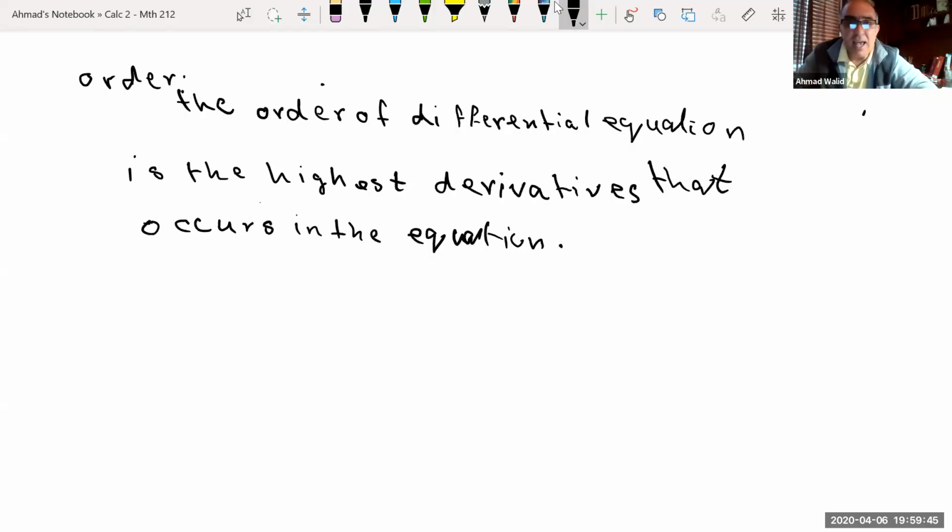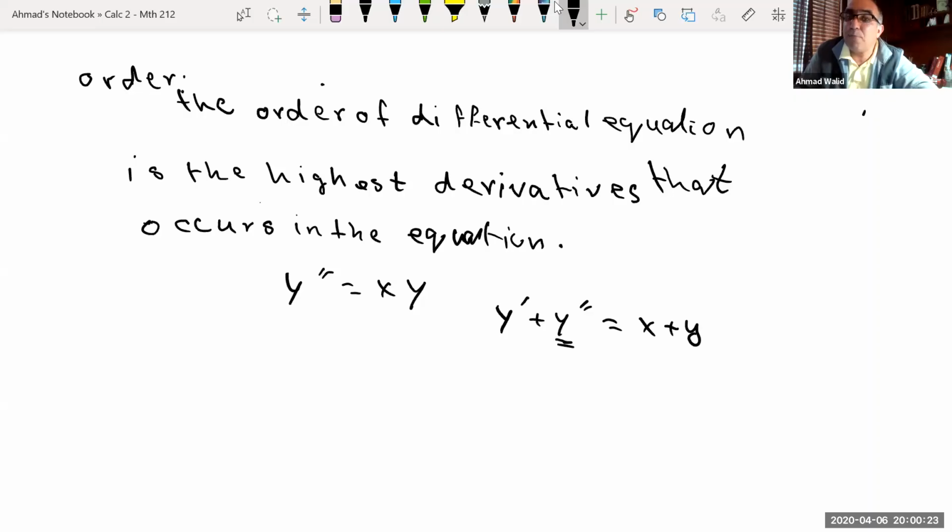For example, if I write for you y double prime equals x times y, I will call this differential equation a second order differential equation. Or if I write y prime plus y double prime equals, for example, x plus y, I will call this differential equation second order, because the highest is the second derivative.